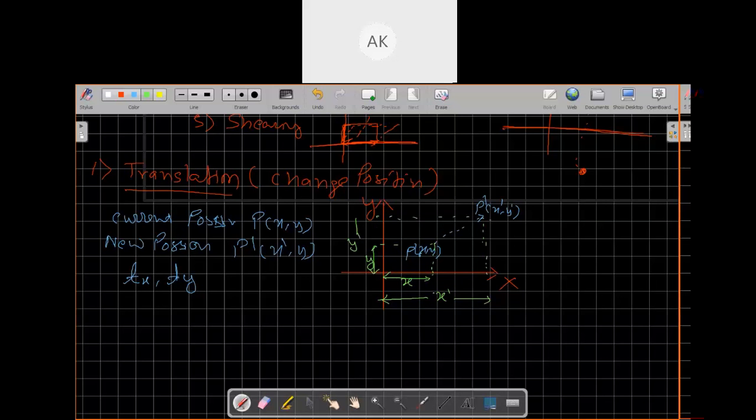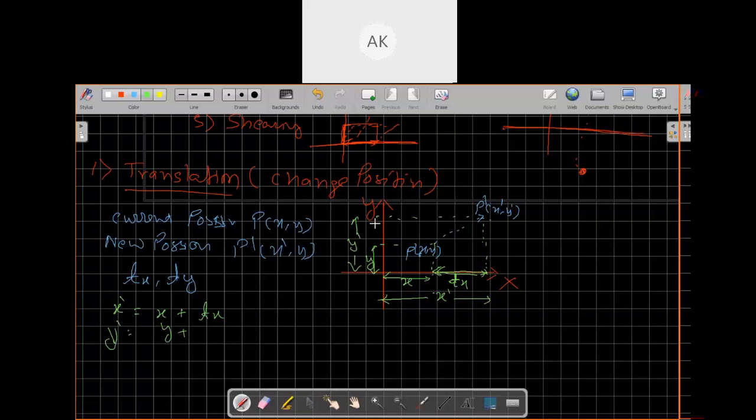So the new position, as you can see here: this is x and this is y for the current point. The new point has x dash and y dash.